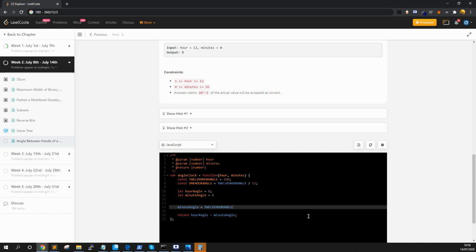So it should give me the time and the number of minutes divided by, I just put 60 really. I could have created a constant here, I'm not sure, but being conscious of time. So I'm at 60, so it gives me the minute angle.